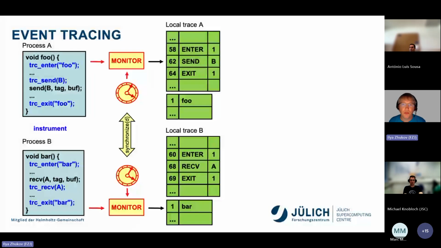Then we will collect, per process, two different tables. First is a trace for process A, where we have a table. The first column is the time when the event has occurred. Then we have the enter and leave events marked here, like all the events are listed here.